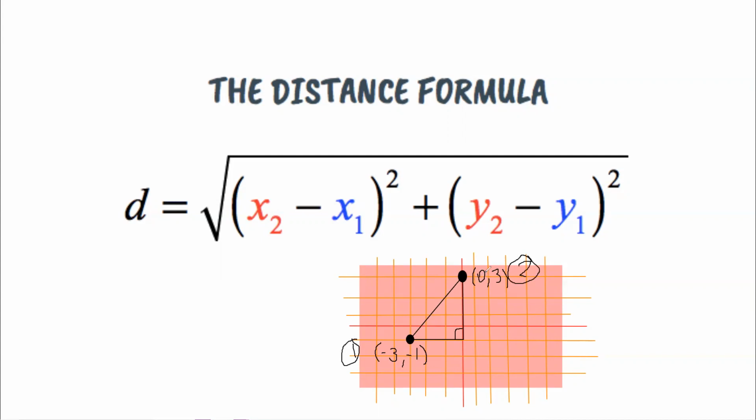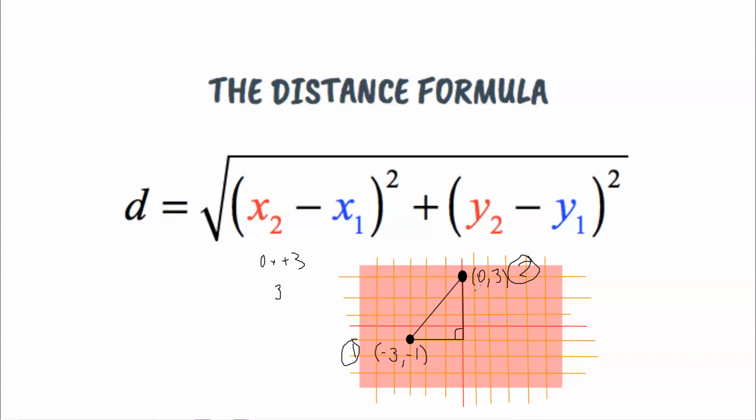So if we look at this one, we're doing 0 minus -3. So 0 minus -3 is going to end up being a +3, which makes sense because that's how long this side is, side A. It's 1, 2, 3 in length.